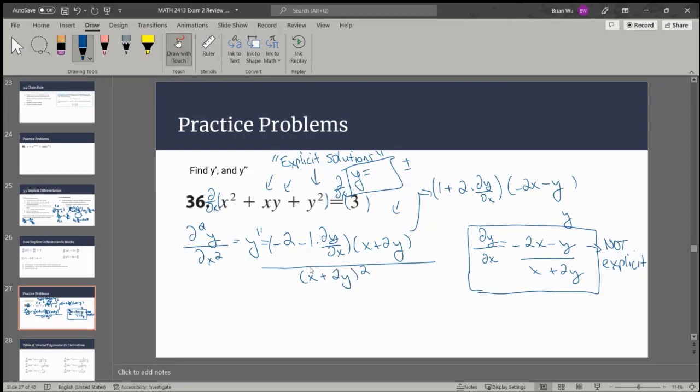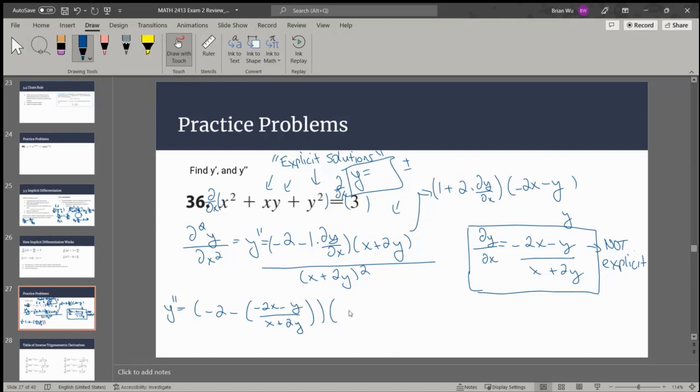And in most cases, you're actually going to replace this dy over dx with what you found here, dy over dx here. And that would give you the full y double prime. So in this case, we're going to replace all the instances of our first derivative with what we solved here. So that's going to be minus (-2x minus y) over (x plus y).